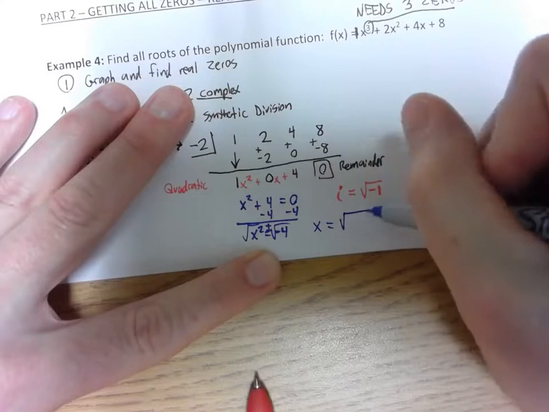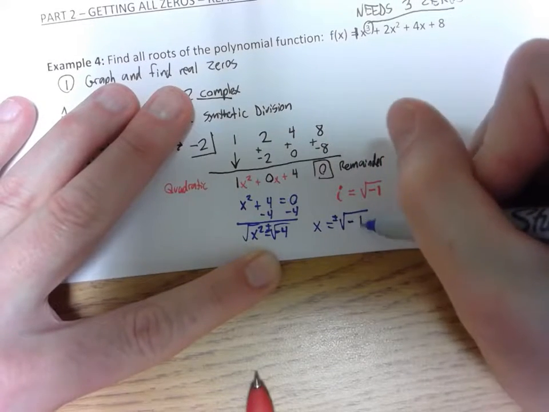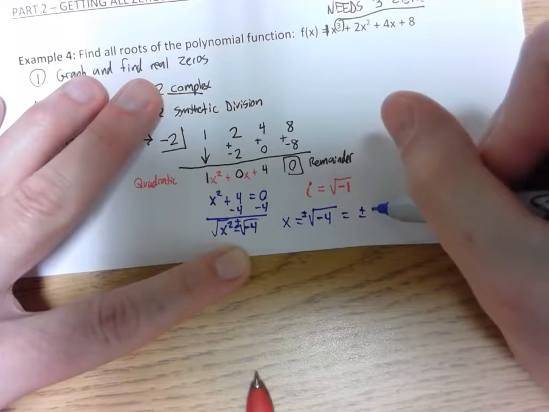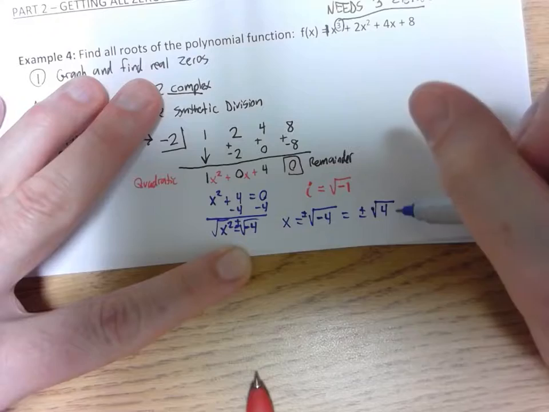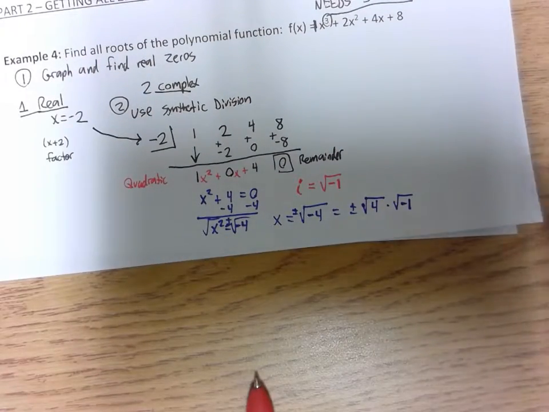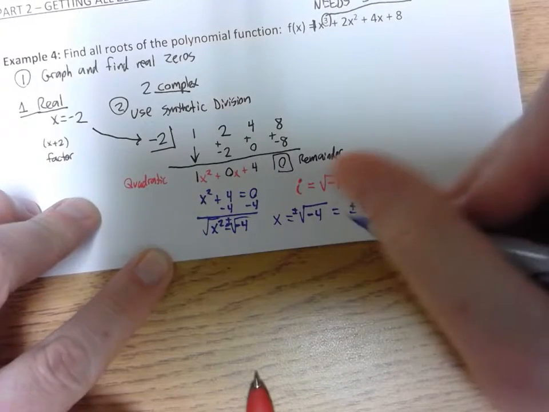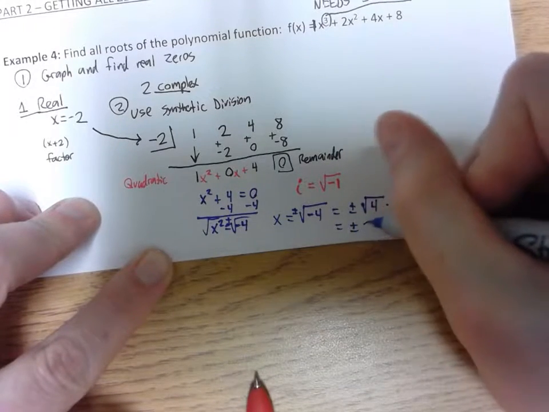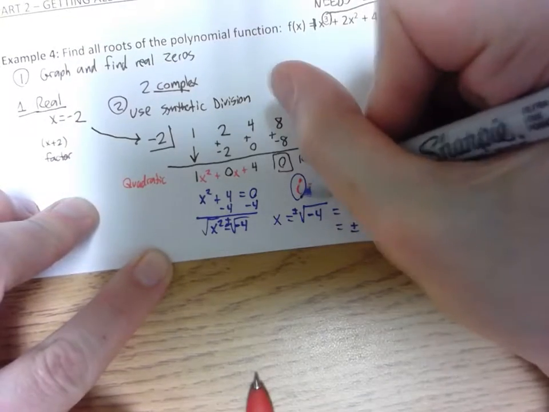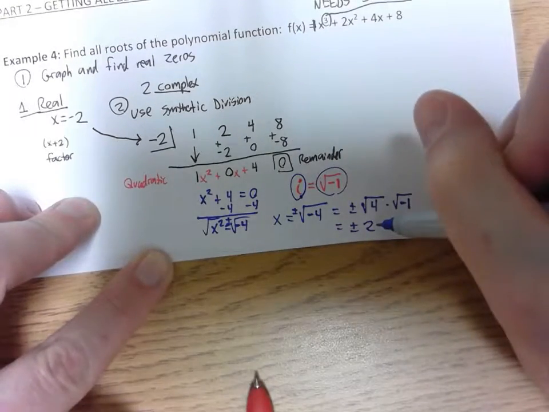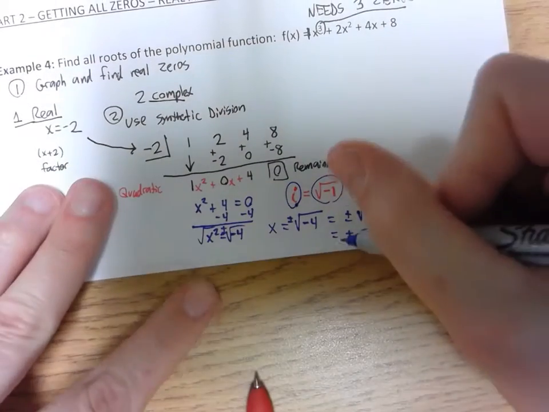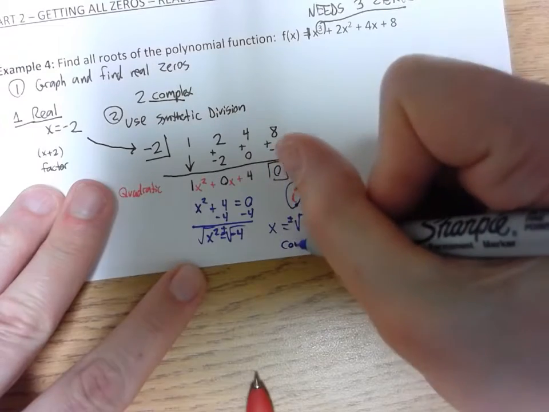I can say x equals plus or minus the square root of negative 4. Now I can break that negative 4 down into 4 times negative 1. Well, I know the square root of 4 is 2, so that's plus or minus 2. Now, what is the square root of negative 1? That's i. So 2 times i. And that's actually my complex answer. These are my complex zeros.